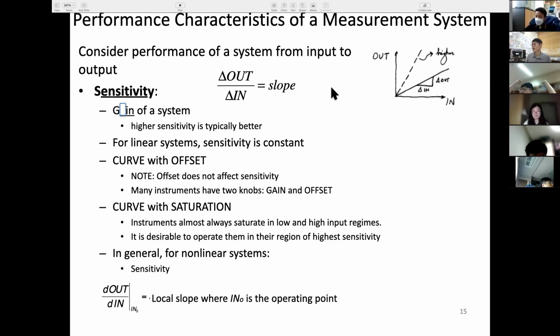So basically, in the input versus output plot, the slope gives you the ratio of delta output change with respect to delta input, and that slope provides you how sensitive your signal is. The other way to say this, we call it the gain of a system. So that's slope. And so higher sensitivity is in general more desirable. And in this simple case, I showed you a linear system, so the slope, or sensitivity, is constant.